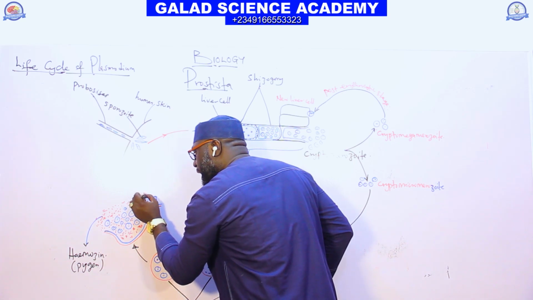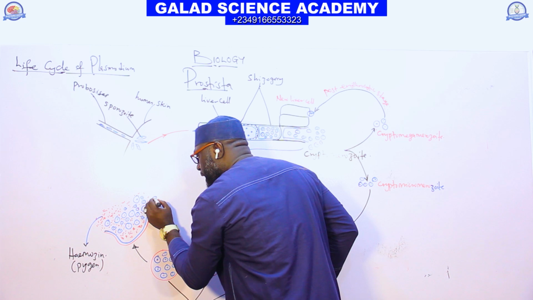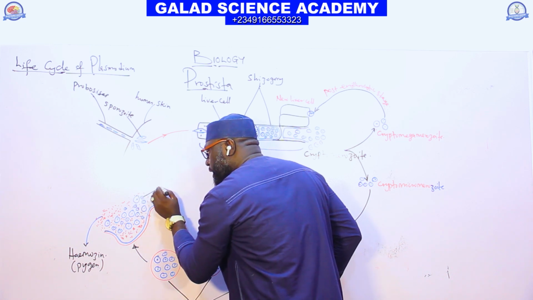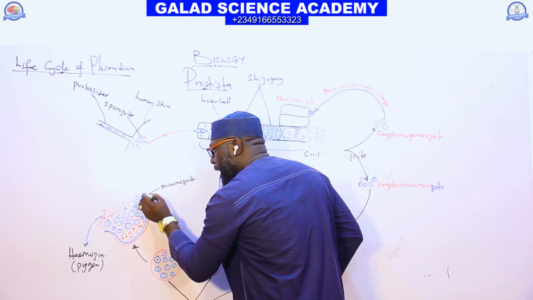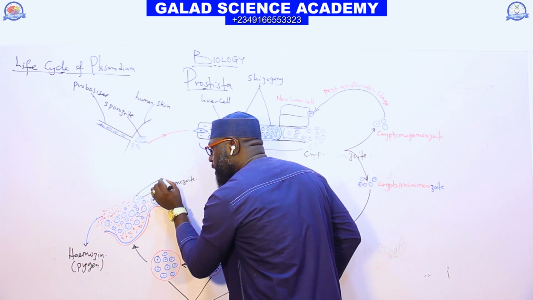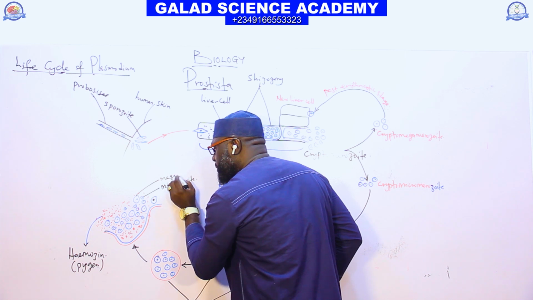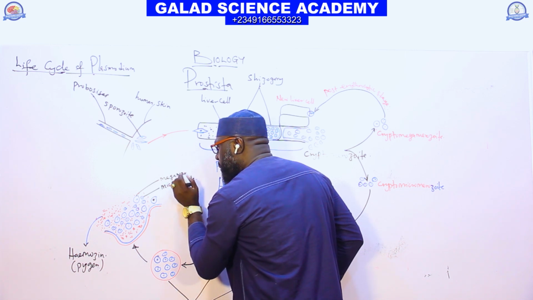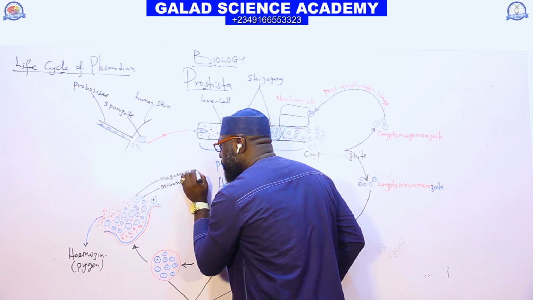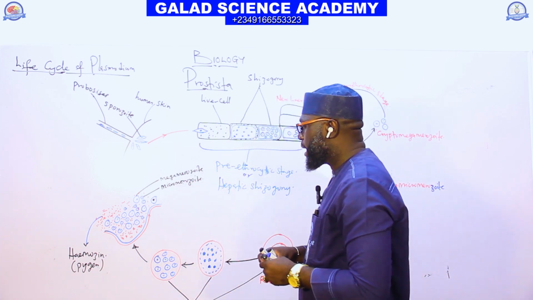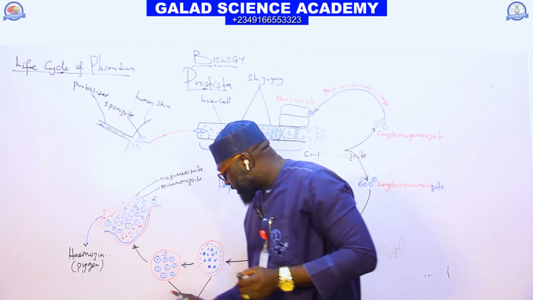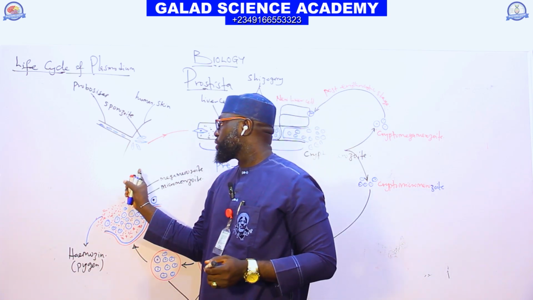And this merozoite produced here, this one is called micromerozoite. And this one, we call it megamerozoite. The red blood cell will release these into the blood.